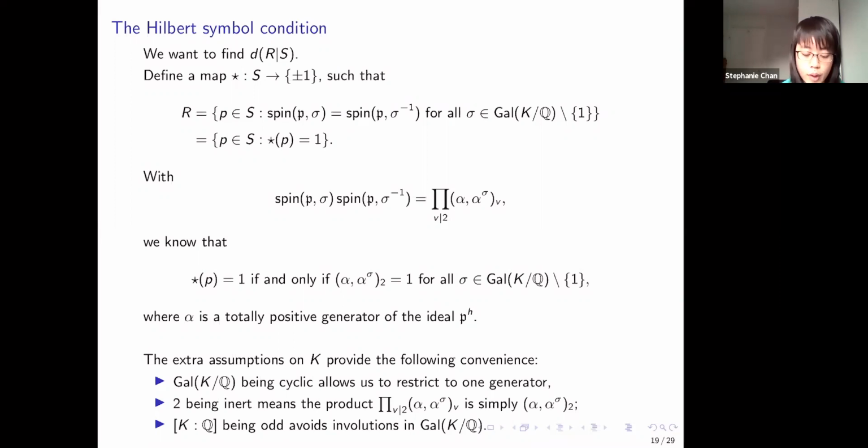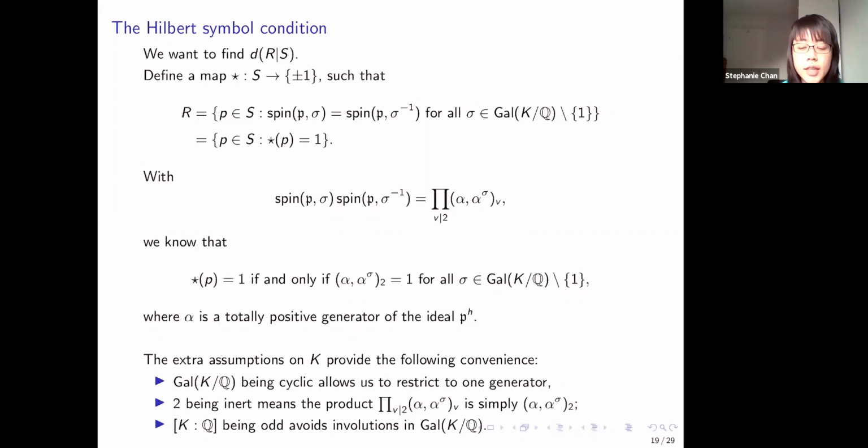And to make studying this product more feasible, we assume, firstly, that 2 is inert, so that there's only one term in this product. So we only have to consider the behavior of one Hilbert symbol. And assuming that the Galois group is cyclic simplifies our arguments and makes it more feasible to state a more general formula.